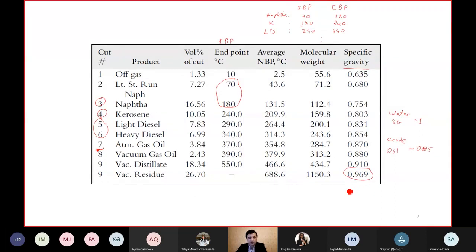Not vacuum residue, it was atmospheric residue, not shown here. Atmospheric residue, I will write AR, is around 0.9. And if it is highly viscous or too hard to move in the pipeline, most of the time we add steam there to move it. However, it also has high temperature.